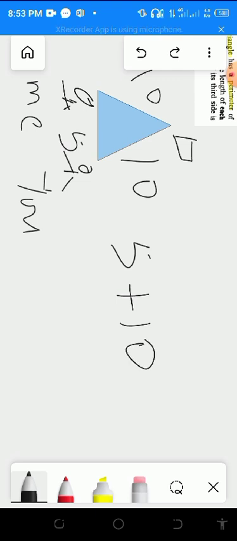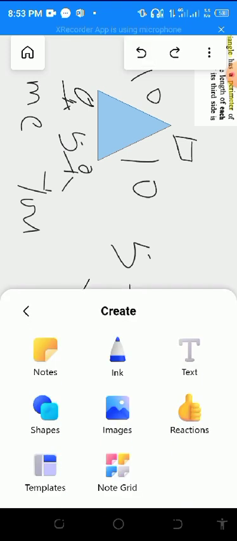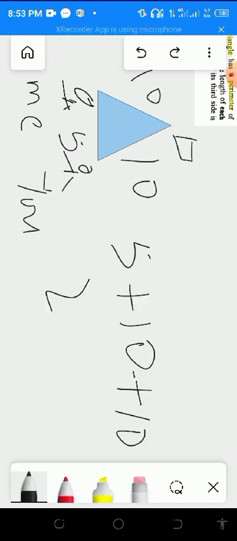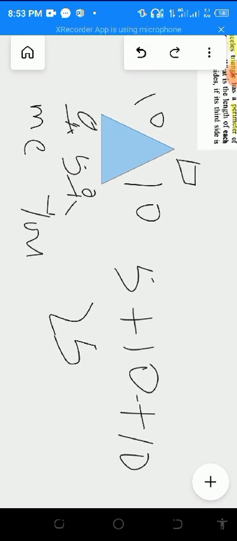So that is 10 plus another 10 again, making 25 minutes. You are going to spend 25 minutes throughout the whole run. So that is exactly what we are calling the perimeter here. 25 minutes, nothing more, nothing less.